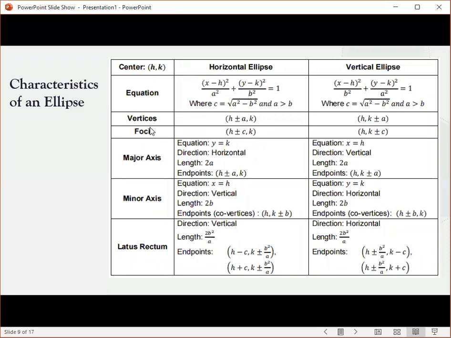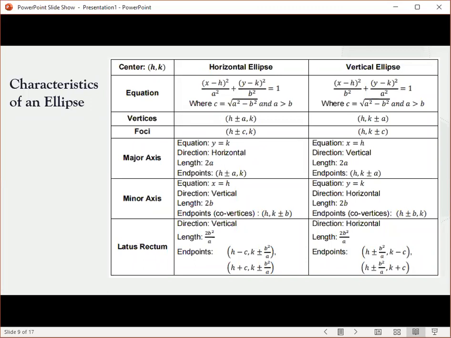And then all of these formulas will follow. So we have here vertices. Take note, we have two vertices here. Those are the endpoints of your major axis. So for the horizontal ellipse, you have here the quantity of h plus a and k. Another vertex is the quantity of h minus a and k.